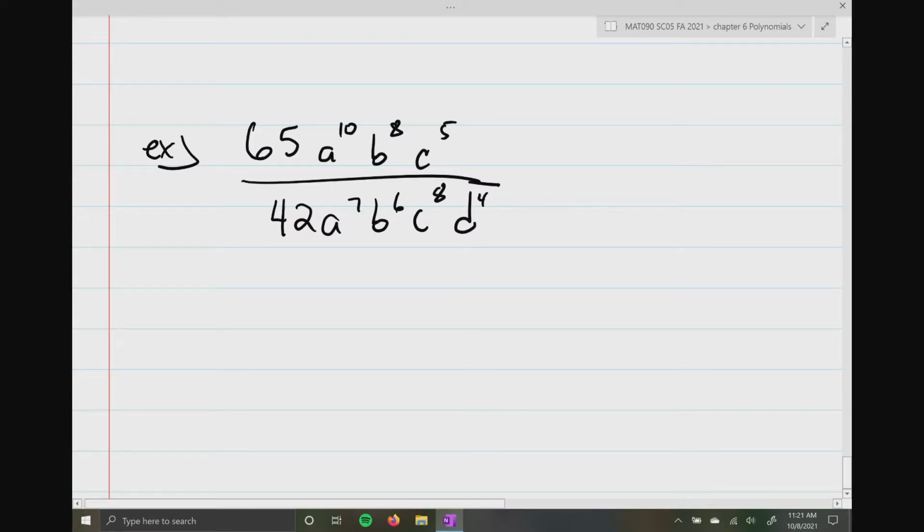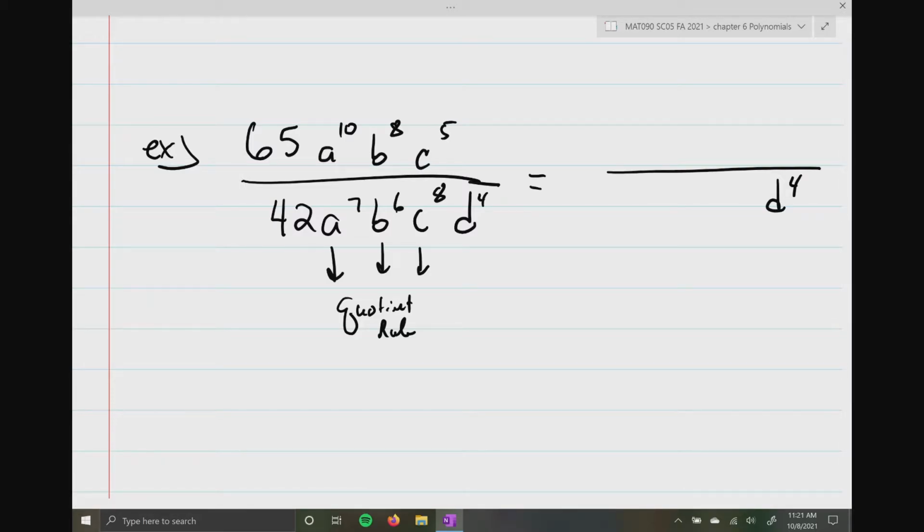Second, we have A, we have a B, we have a C. So we know we're going to apply quotient rules there. Notice that d to the 4th is in the denominator and there's no other d's. So far, here's what we know. Our answer is going to have d to the fourth in the denominator. It doesn't change. How are we looking so far, everyone?